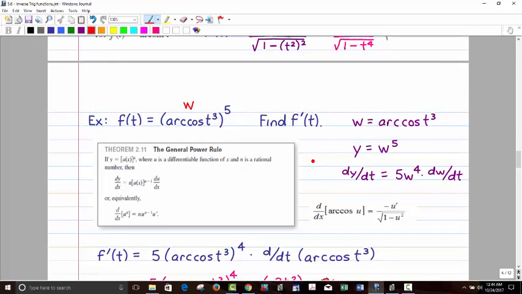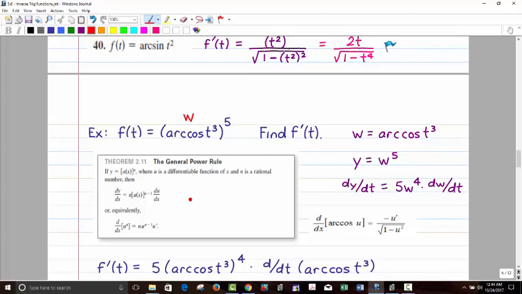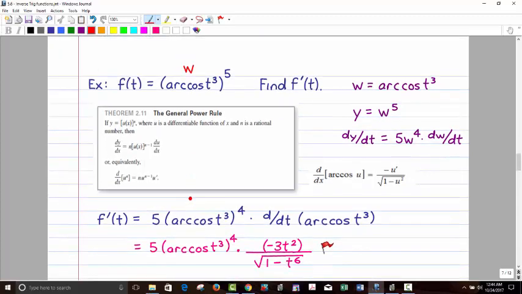All right, so you've got to be careful here. I brought back something we've seen before, the general power rule. You can do that, or you can use kind of a chain rule thing. If you go through this carefully, it's not too bad. Just got to be extra careful here. I wrote it out like if you let w equal this inside, then y equals w to the fifth.